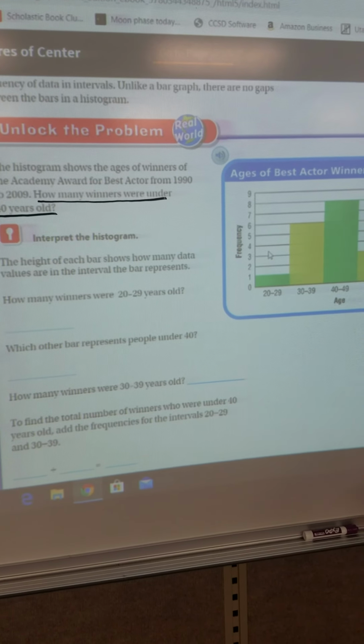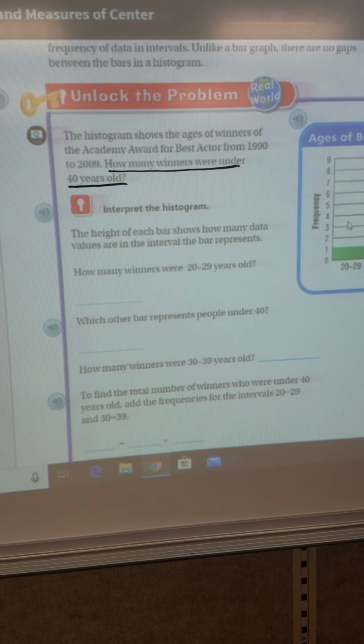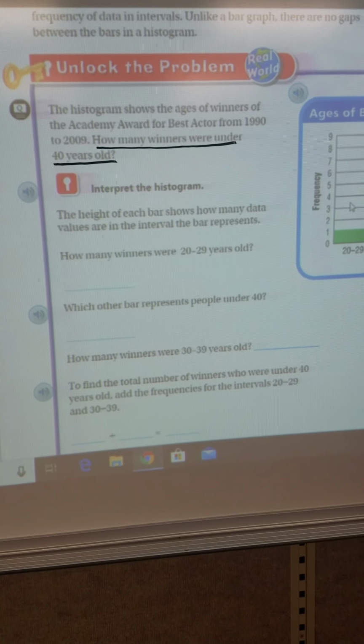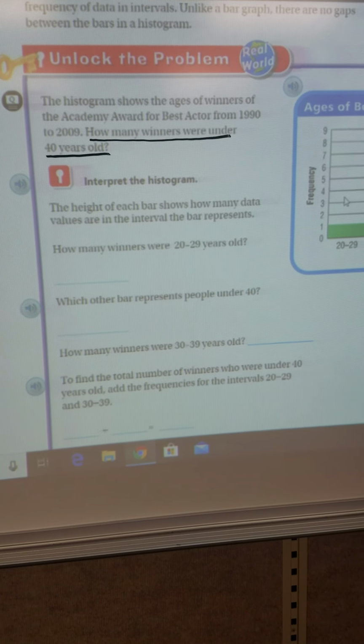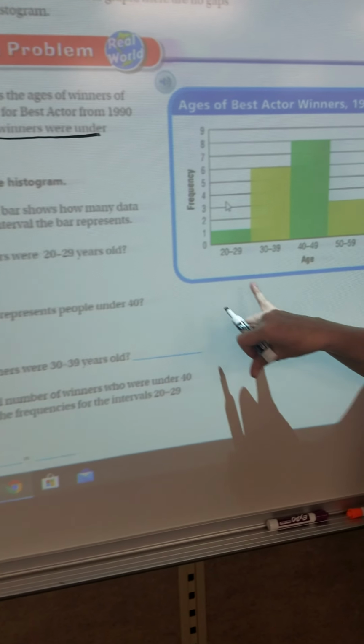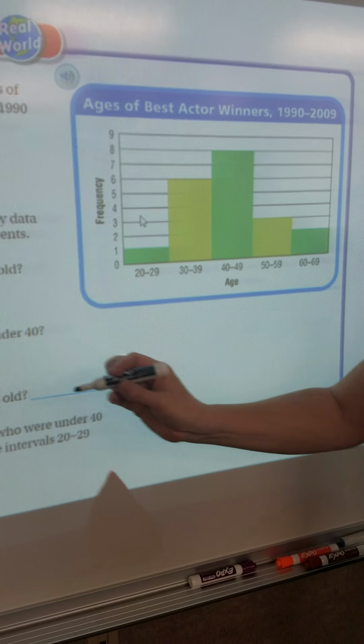I'm just going to go right through our questions right here. It says the height of each bar shows how many data values are in the interval the bar represents, and then it asks how many winners were 20 to 29 years old. If we look at that interval, boys and girls, we can see that there was only one.